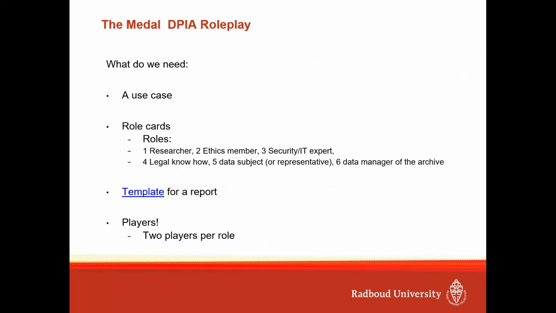The roles that we will distinguish are a researcher, a member from the ethics committee, a security IT expert, and legal know-how. Of course, these are the people that are hardest to get in a role play, but we'll see. You can take the role and see what will happen. Then the data subject, or a representative of them, and the data manager of the archive. So these are the 6 roles that we will distinguish.